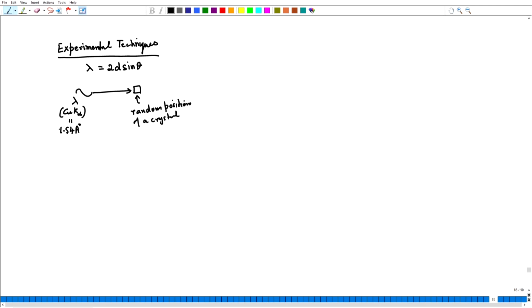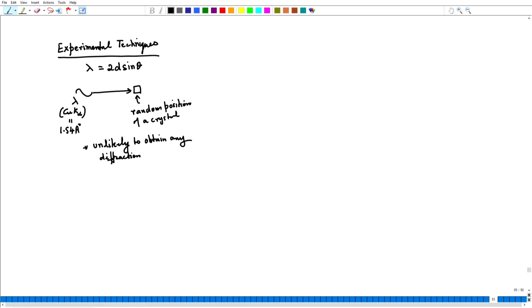So, anyway, it could be any other wavelength. So, I shoot at this, we will find that in fact, I can make a statement that we are unlikely to obtain any diffraction if I place the crystal in some random position.